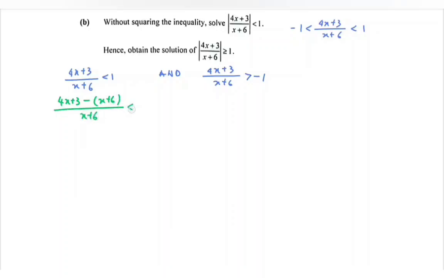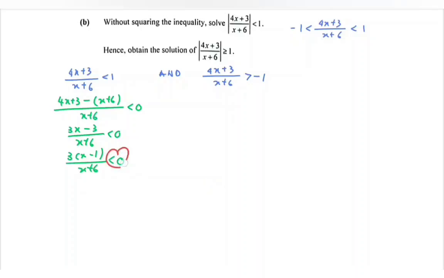So we will have this form. Notice that we have 4x minus x, we have 3x, and then 3 minus the 6, we have negative 3 over x plus 6. So here we have the simplest form, or we can rewrite 3 bracket x minus 1 over x plus 6 less than 0.